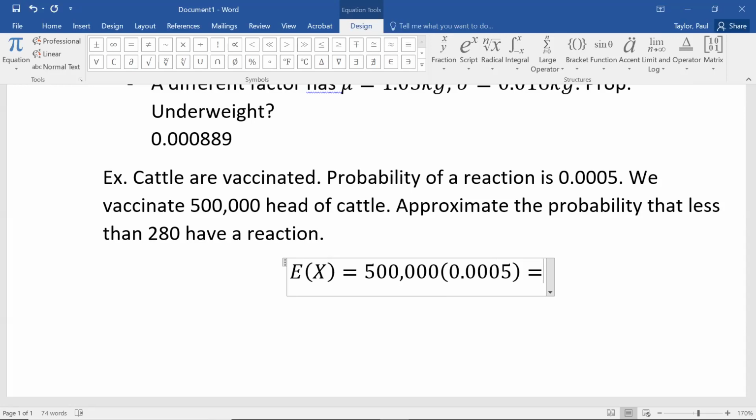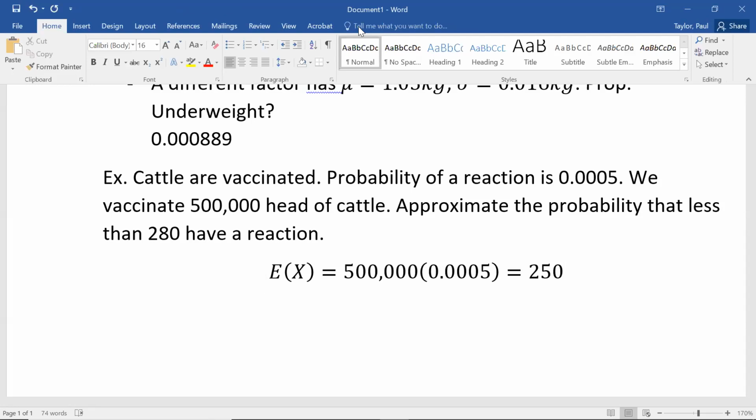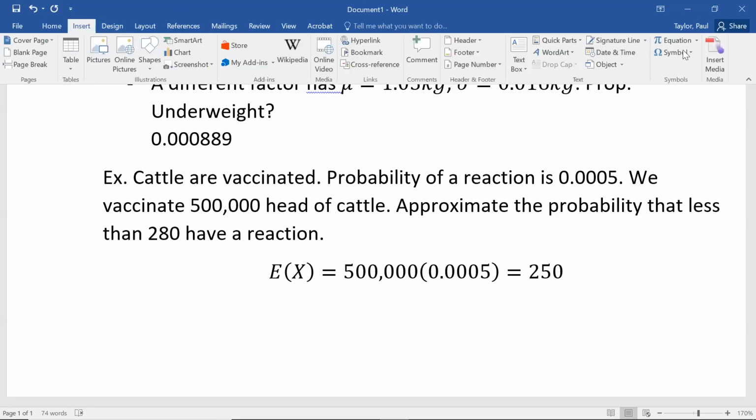So we multiply those and we get 250. So we're expecting 250 cattle to have a reaction. Of course, that's just like the average. We wouldn't expect to hit 250 exactly when there are that many possible numbers nearby that it could be.